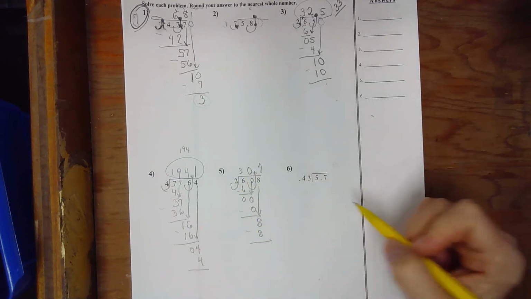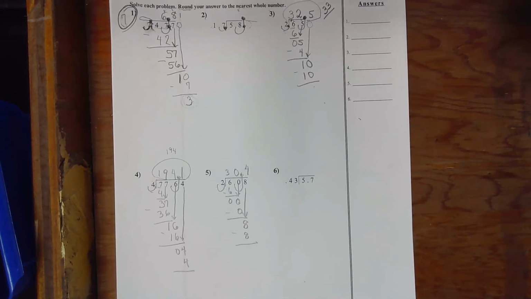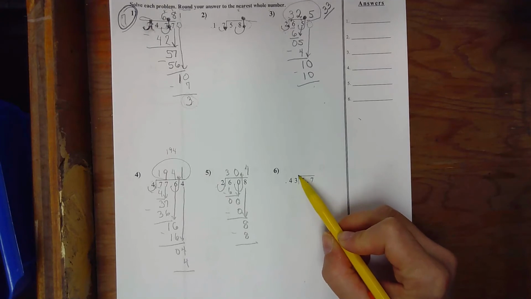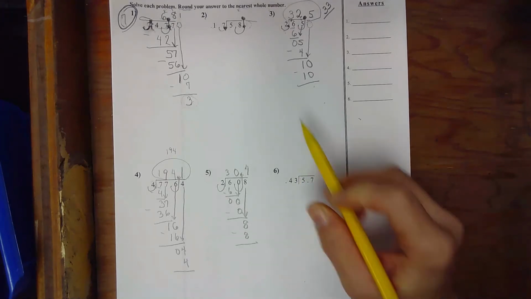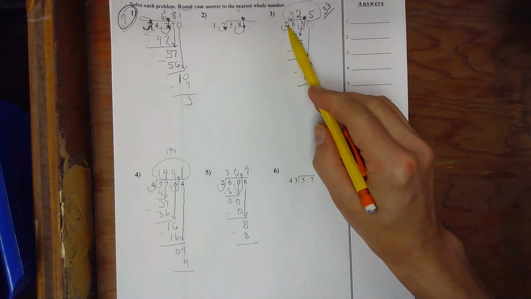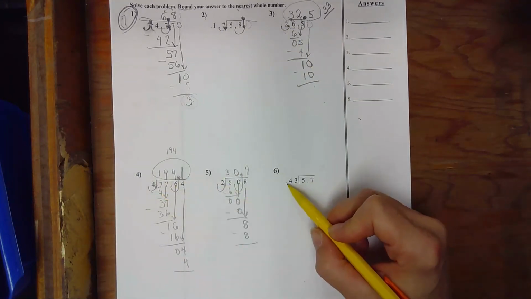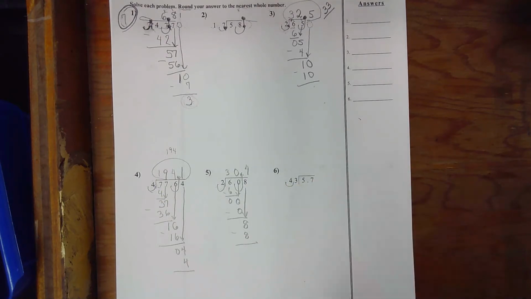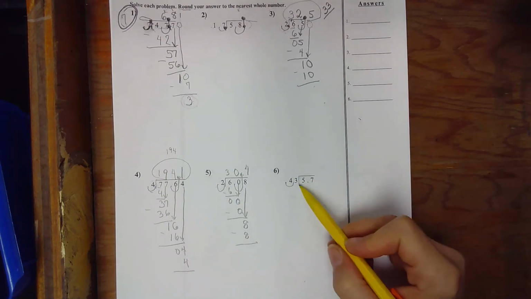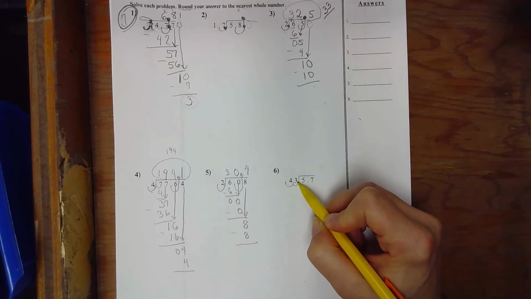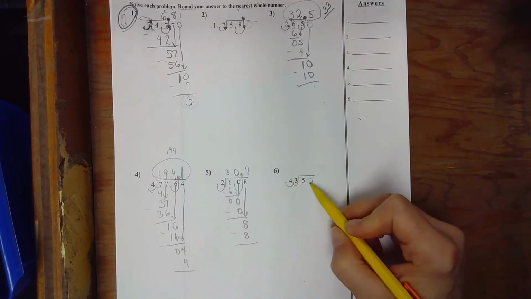This one I'm just going to show you how to nudge the decimal. How many times do you have to nudge it to get it next to the bracket? See how all these others, we only had to move the decimal one place and it was right by the bracket? If we only nudge the decimal once, it's not beside the bracket yet. We don't have a whole number on the outside. We must nudge it twice.